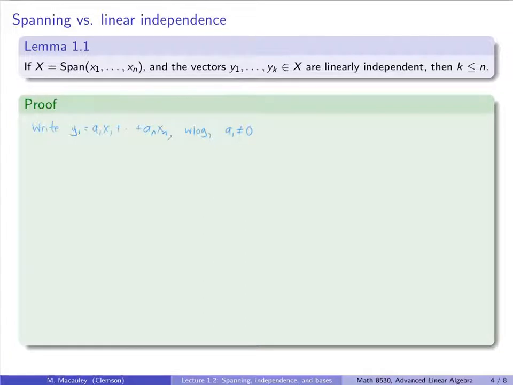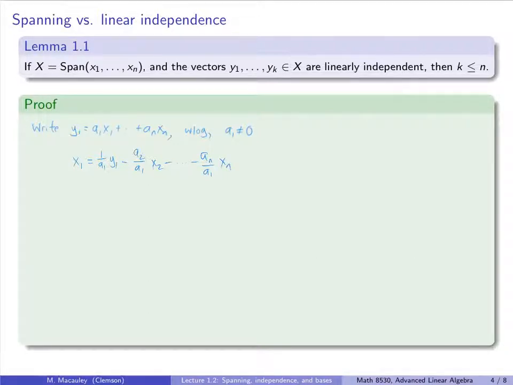So in other words, we can write x1 equals 1 over a1 y1 minus a2 over a1 x2 minus ... an over a1 xn.